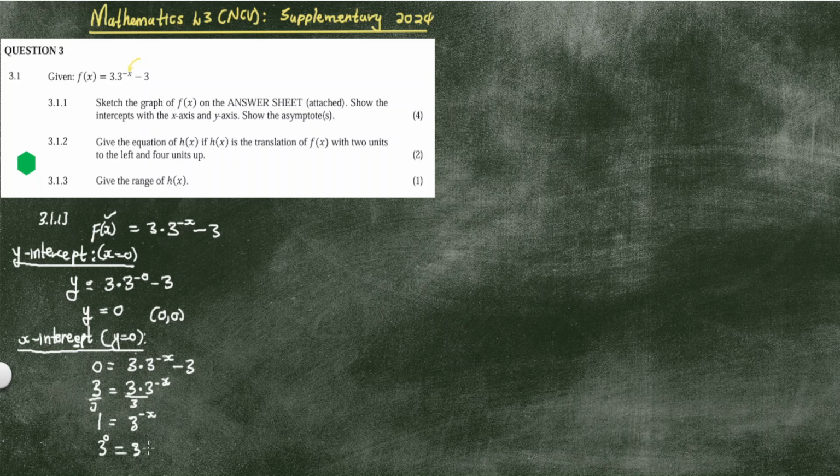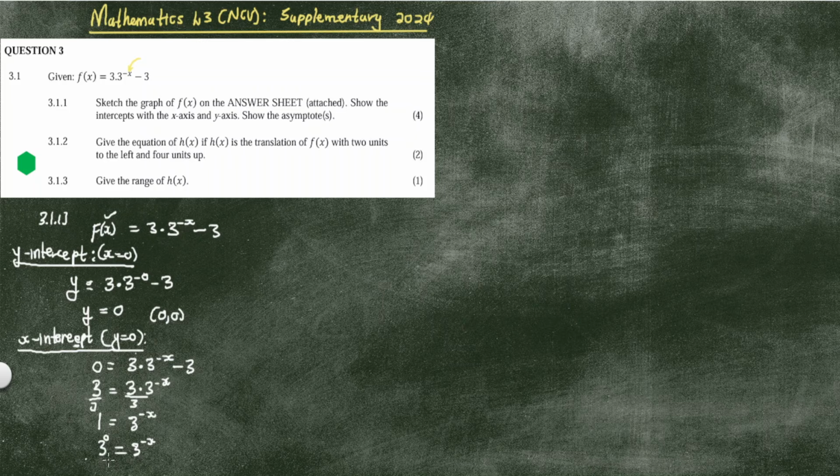I raise the 3 to an exponent 0, because any number raised to exponent 0 is 1. If I had a base of 4 on the right hand side, I would say 4 raised to exponent 0. If it was a base of 5, I would say 5 raised to exponent 0. The idea is just to bring the x down.